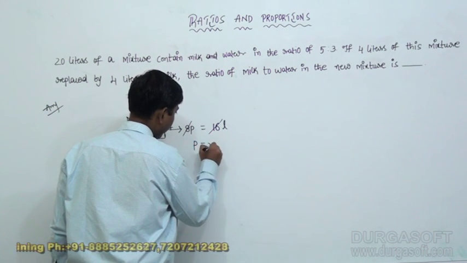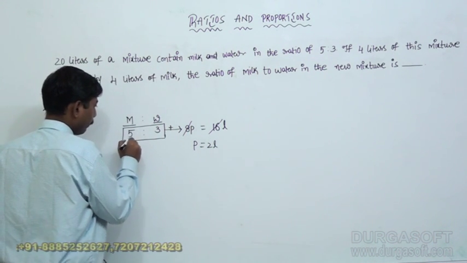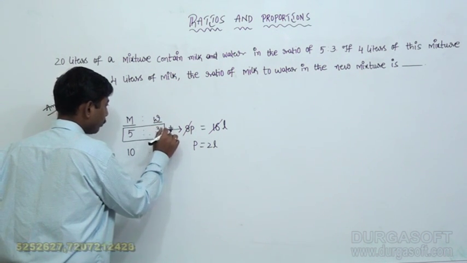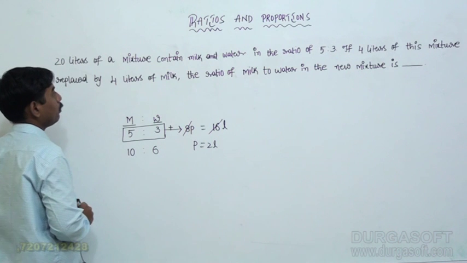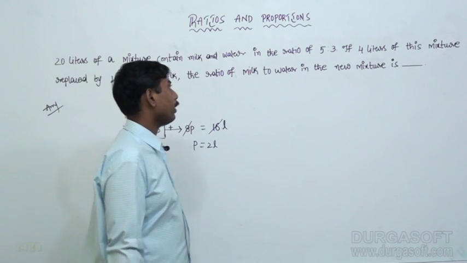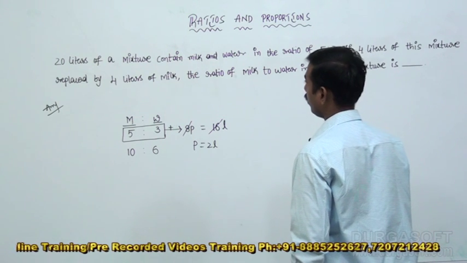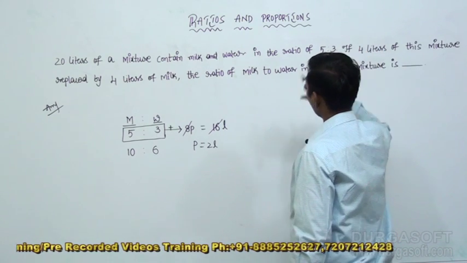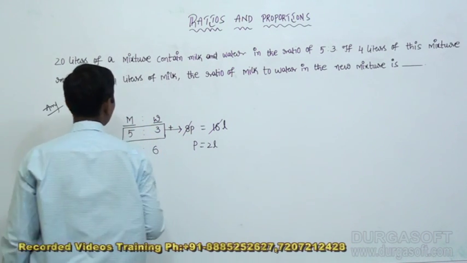1 part equals 2 liters means milk is how many parts here? 5 parts. 5 parts means how many liters? 10 liters. Water is how many parts here? 3 parts. 3 parts equals how many liters? 6 liters. We have already taken out 4 liters of the mixture from 20 liters. In the place of those 4 liters, we are adding how many liters of milk? 4 liters.